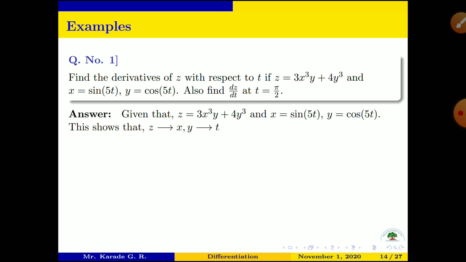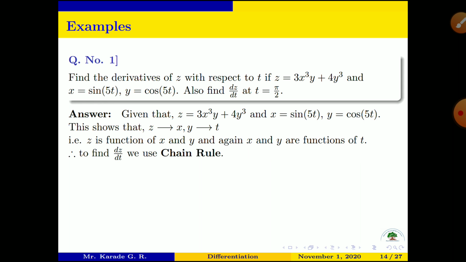So z depends on x and y, and x and y both depend on the variable t.